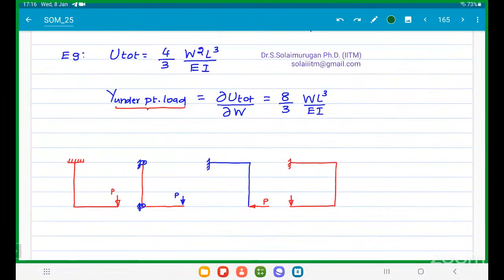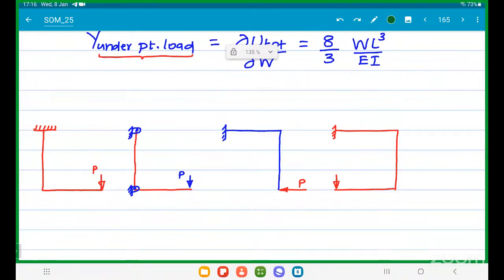See the sample diagrams. Whenever you are seeing this kind of diagrams, immediately we have to think about strain energy method, because these are not standard cases. Okay, sir. Done.